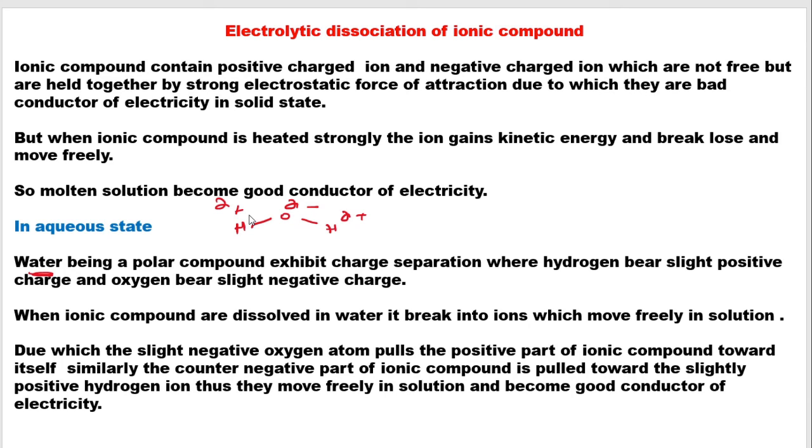Due to the slight negative charge over the oxygen atom, it will pull the positive part of the ionic compound towards itself. Similarly, the negative part of the ionic compound will be pulled towards the hydrogen. So the ionic compound will dissociate into its ions and they will easily move about in solution freely and conduct electricity well. Okay, clear?